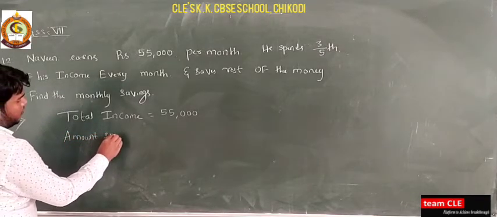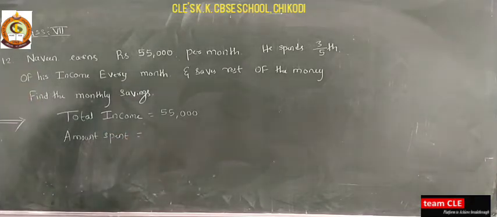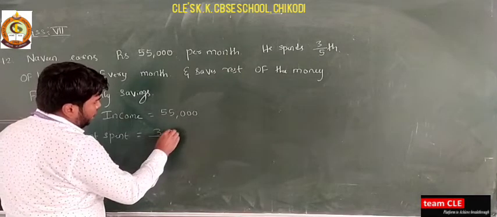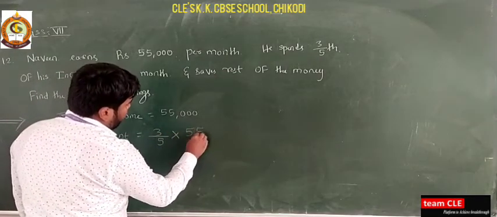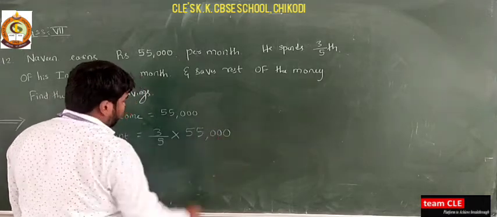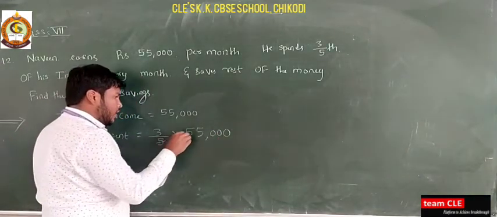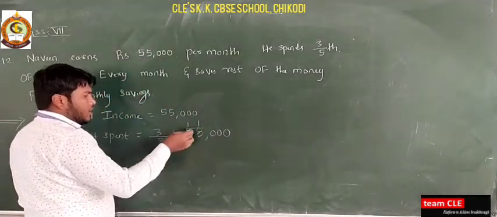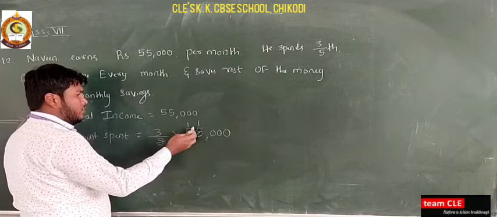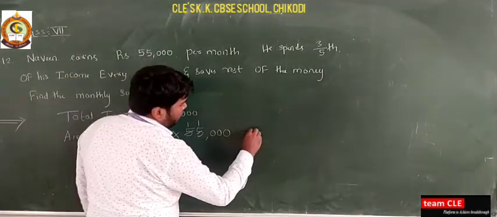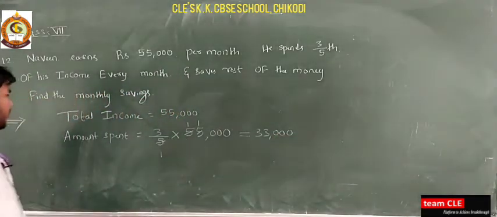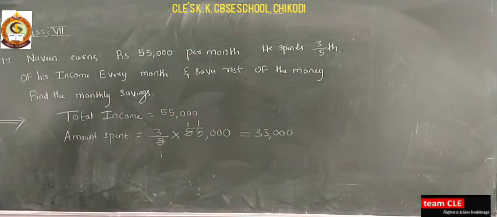Amount spent is 3/5 of his income, that is 3/5 of 55,000. 5 ones are 5, 5 elevens are 55, so this is 11,000. So 5 11,000s are 55,000. 11,000 into 3 is 33,000. So total income is 55,000 and amount spent is 33,000.